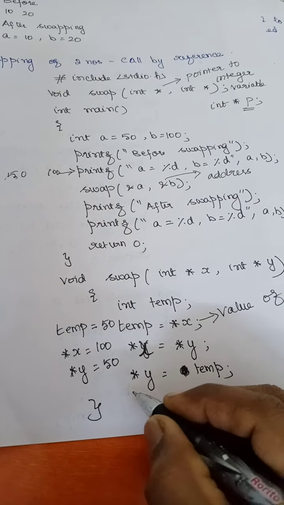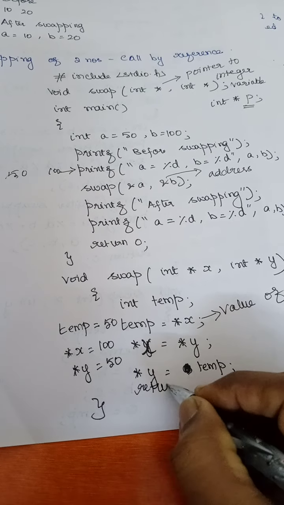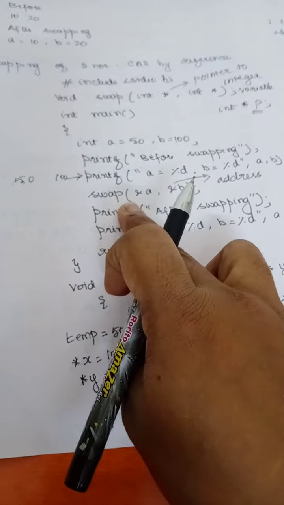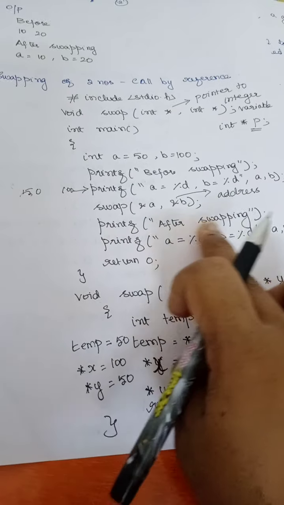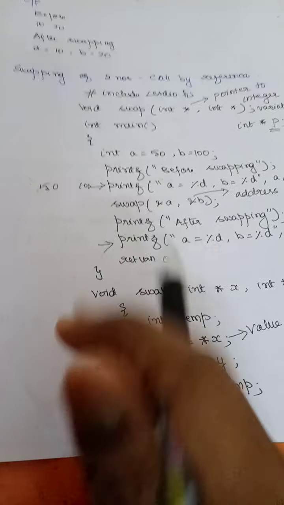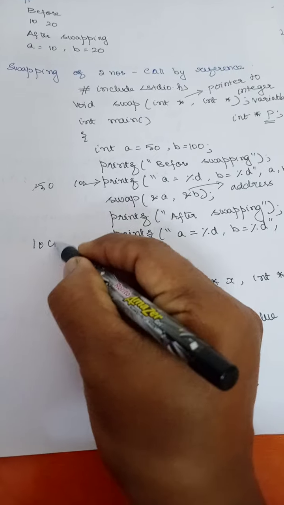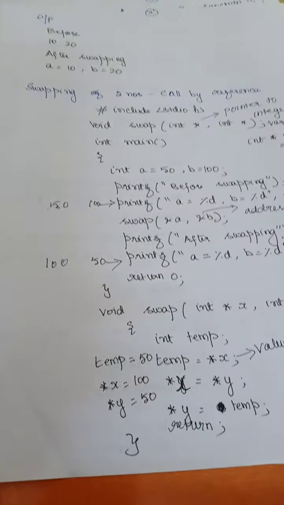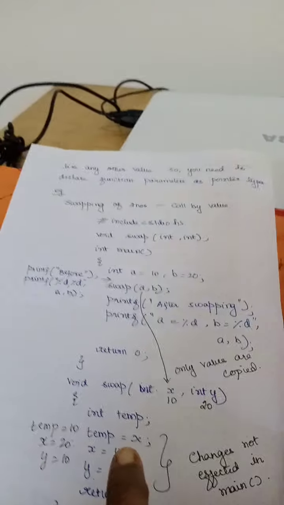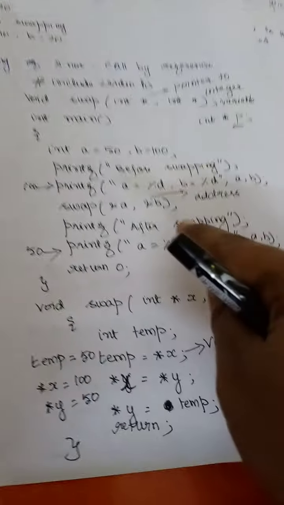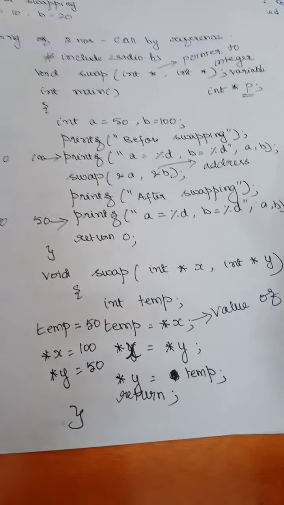Now if I write return here, the control will be returned to main. Now printf after swapping, A equal to, what is going to be the output? What is my A? A is having 100 and B is having 50. So in the earlier program it was using two different memory locations, whereas here it is using the same memory location.